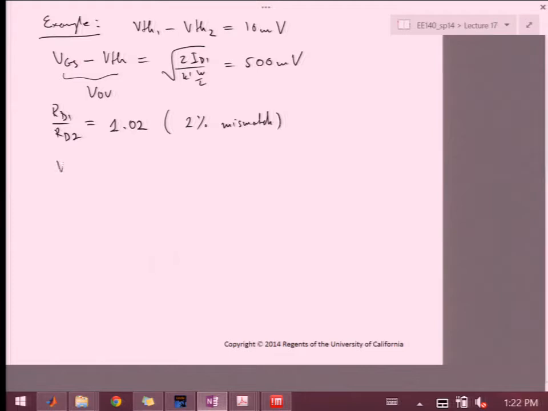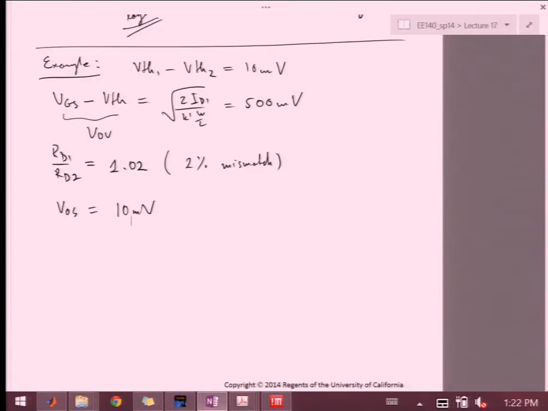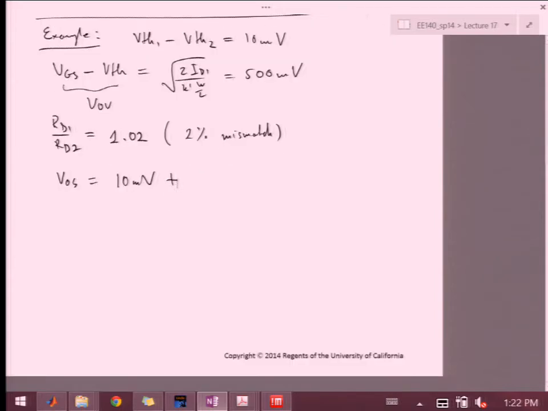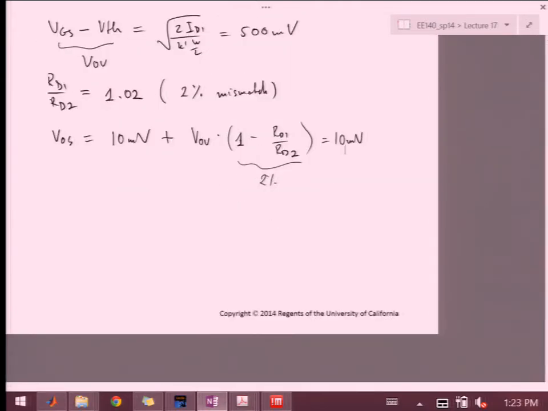But then if you look at the offset formula, we have our 10 millivolts from the difference in thresholds, plus V overdrive multiplying 1 minus RD1 over RD2. This would be the 2% error. I'll neglect the sign and assume it's 2%.